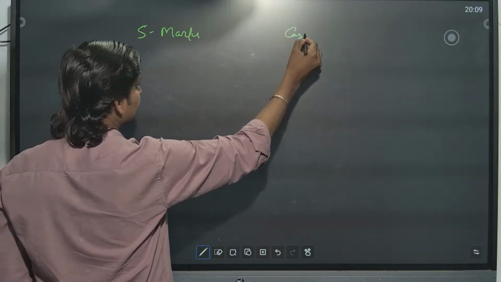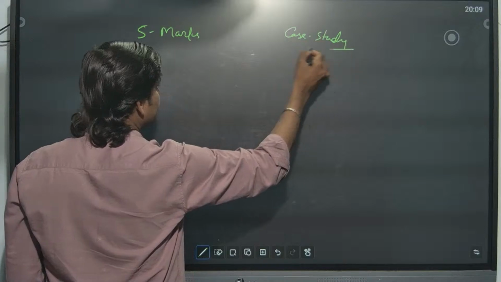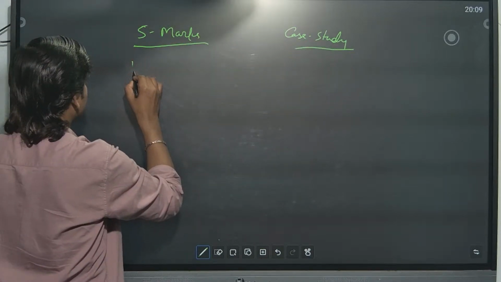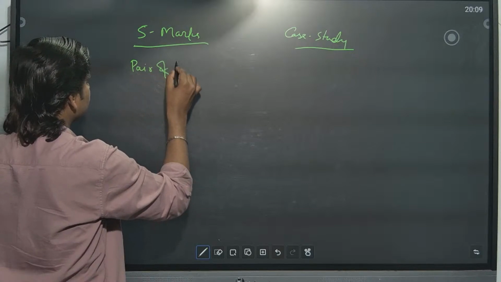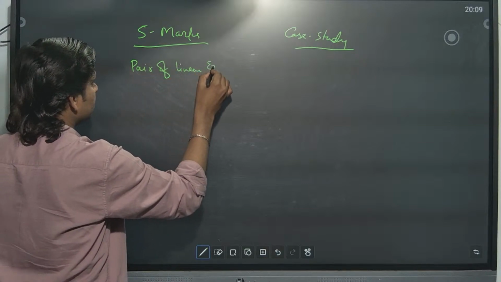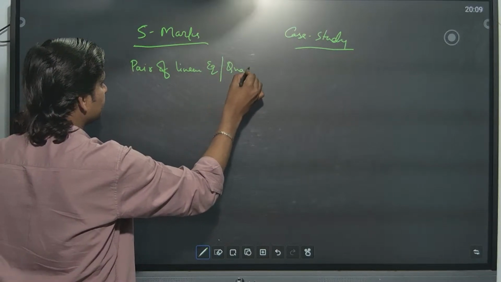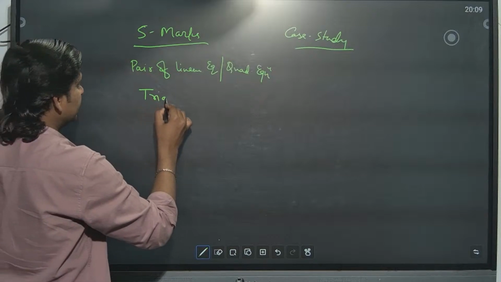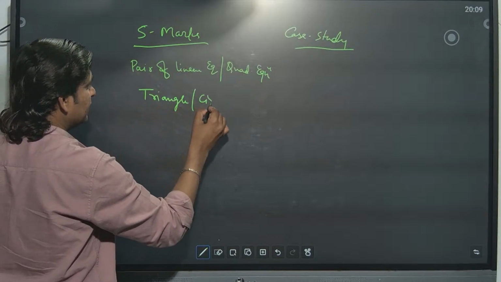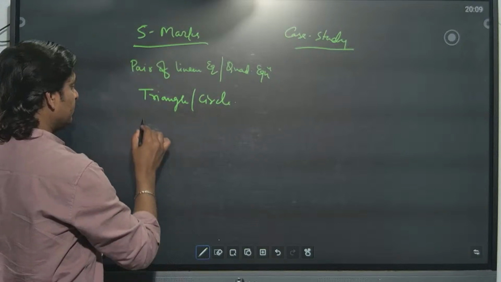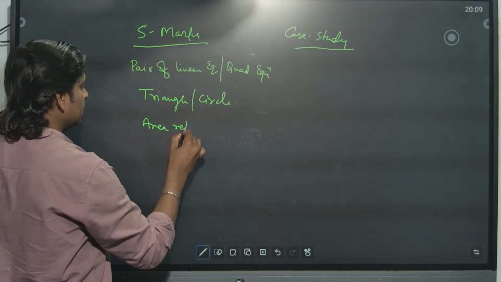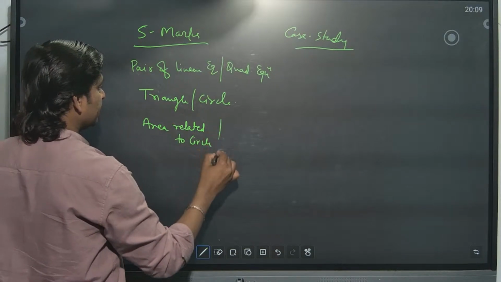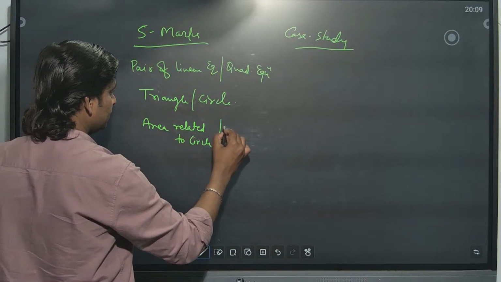First, either pair of linear equations or quadratic equations. Then one from either triangle or circle, one from area related to circle or surface area and volume.